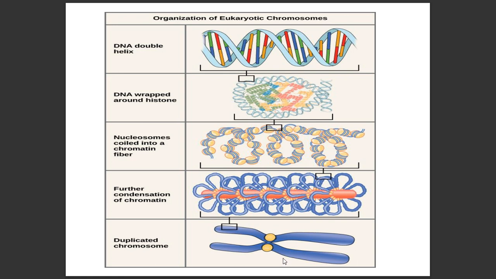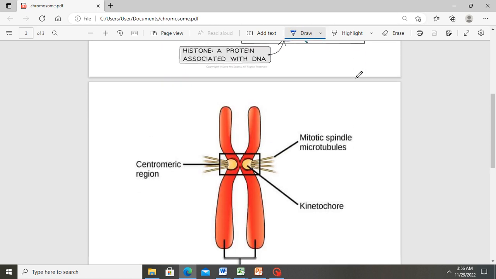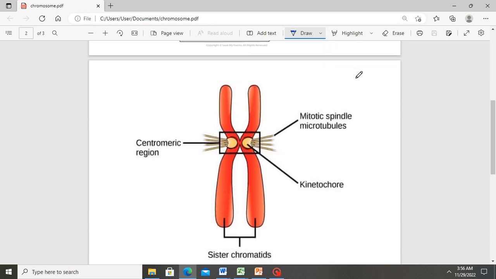So let's look at the parts of a chromosome once again. The first one: the tips of the chromosomes shown here are called telomere.